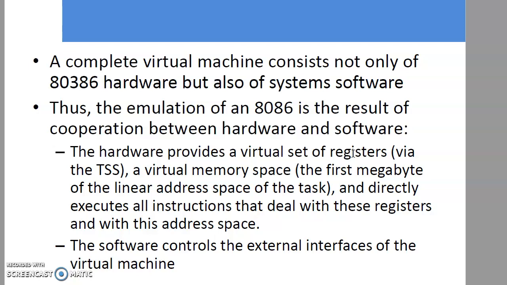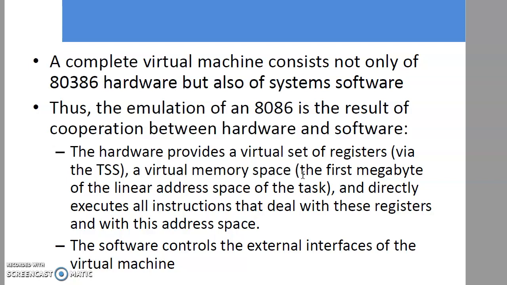So it has 16-bit registers AX, BX, CX, DX and so on. These registers are stored as a virtual set of registers in the TSS. A virtual memory space, the first megabyte of the linear address space of the task, is also provided by the hardware.